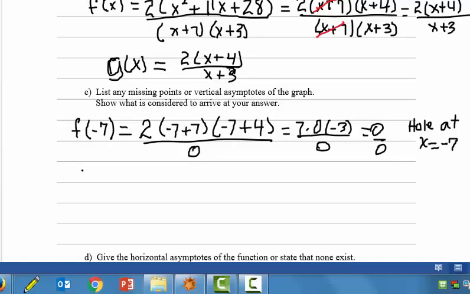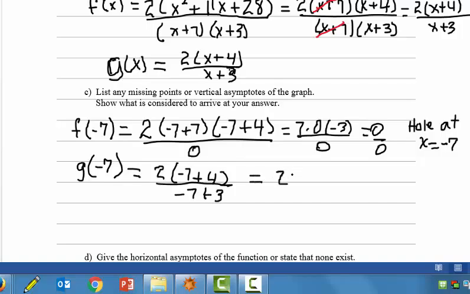To find the y value of the hole, I take negative 7 and put it into g of x, which is my simplification. So 2 times (negative 7 plus 4) over (negative 7 plus 3), which is 2 times negative 3 divided by negative 4.